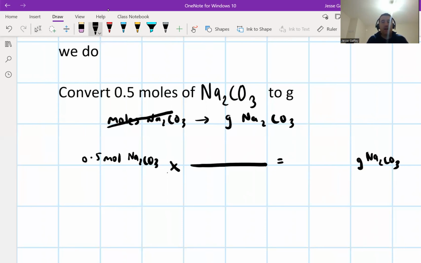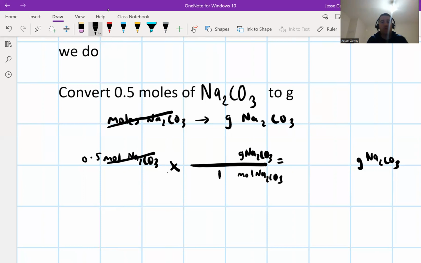Pause the video and put something on top and bottom of this fraction. Okay, so obviously, if we want to get rid of moles of Na2CO3, it's in the numerator, put it in the denominator down here, moles Na2CO3, and then this is grams of Na2CO3 up here. And my relationship is the same as the one I did.